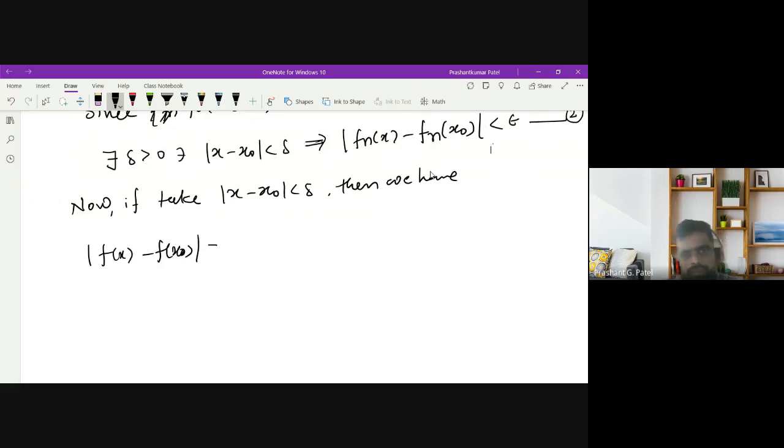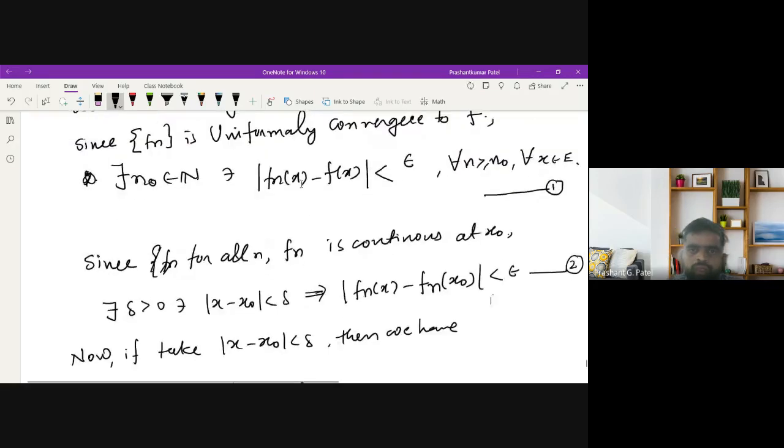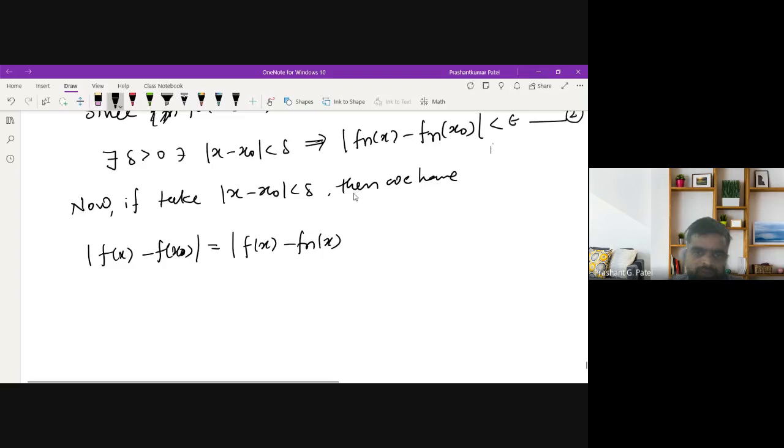I will add and subtract fn of x, so that this quantity becomes fn of x minus f of x, plus fn of x minus fn of x0, to make this arrangement, plus fn of x0 minus f of x0.